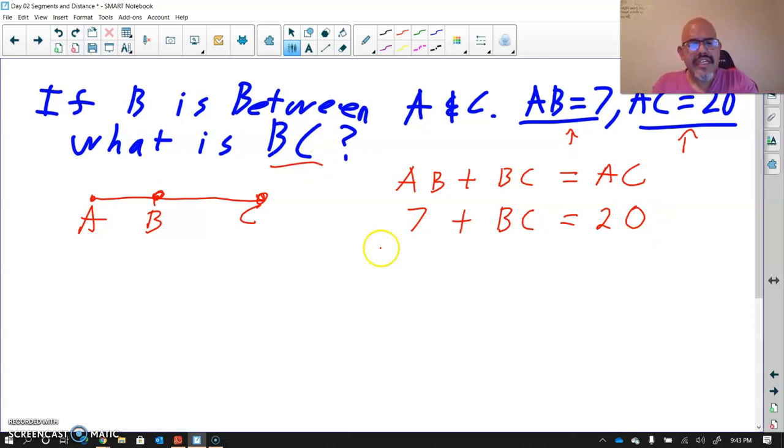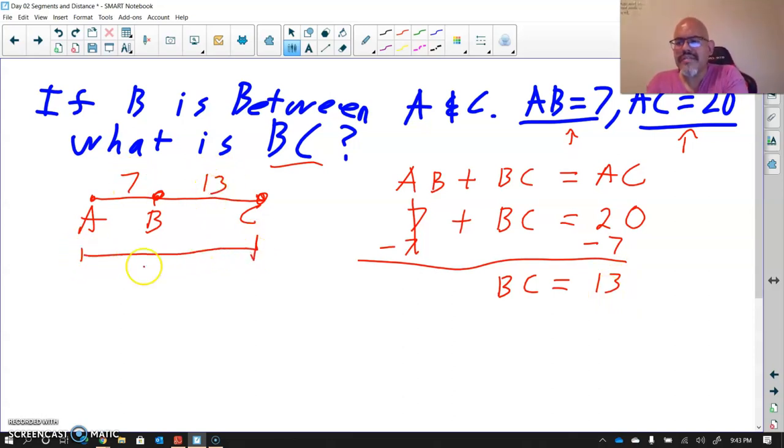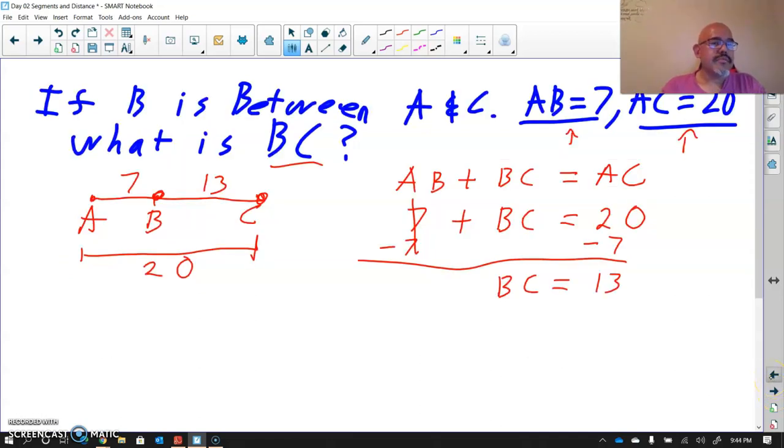Then we do the subtraction, and we get BC is equal to 13. That means that we have this length 7, and the length 13 right here, and those 2 lengths combined give us 20. Just remember, we have all of this.